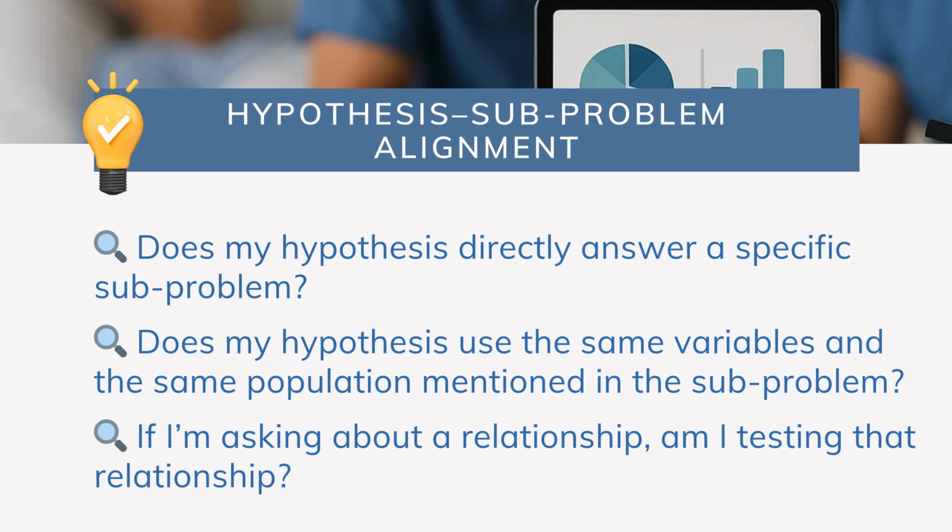If I am asking about a relationship, am I testing that relationship? If the answer is yes to all three, then your study is aligned, and that is a strong foundation for any research project.